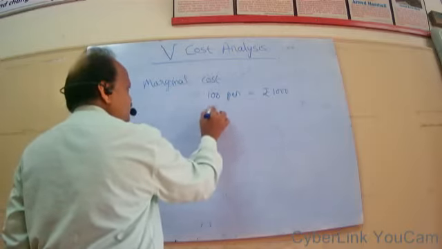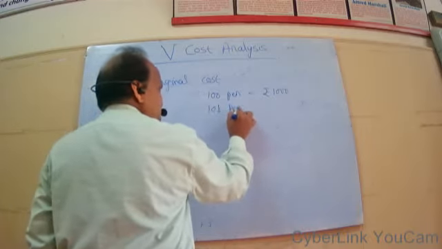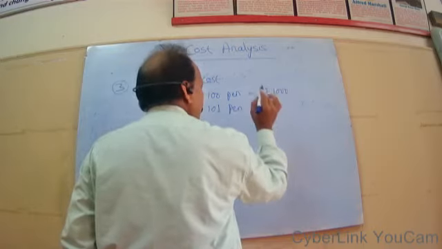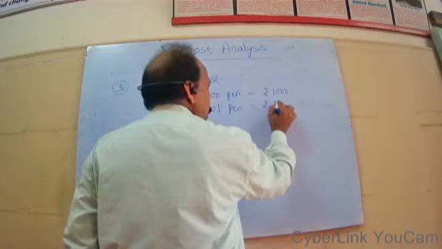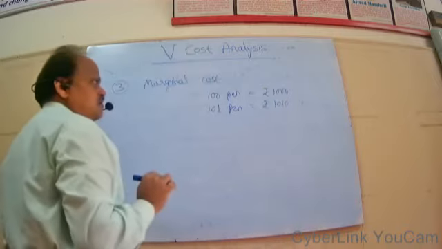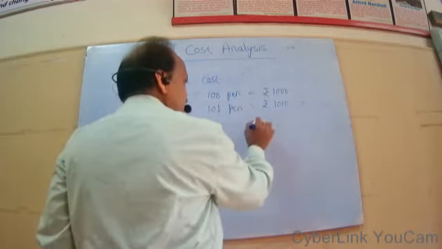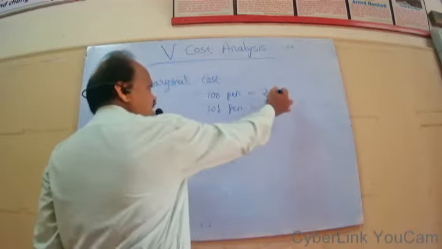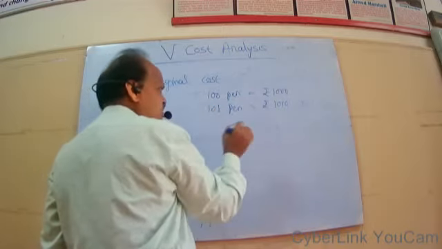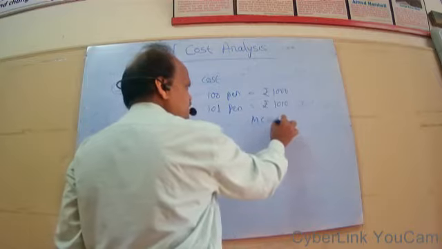Suppose if 101 pens are produced, rupees 1010 is the total cost. Then an addition to total cost by producing some more units of output. It means here marginal cost is equal to rupees 10.